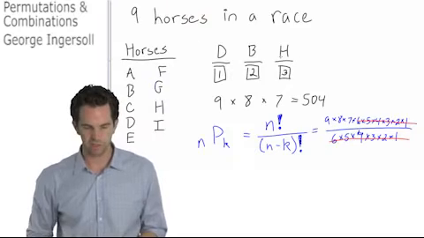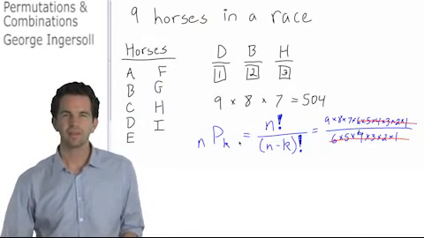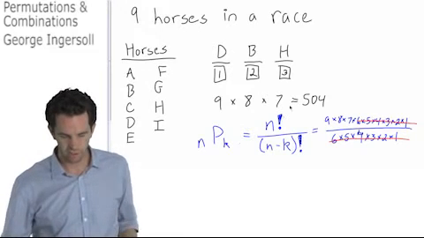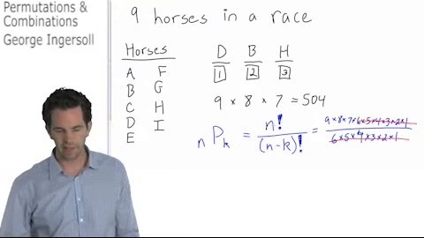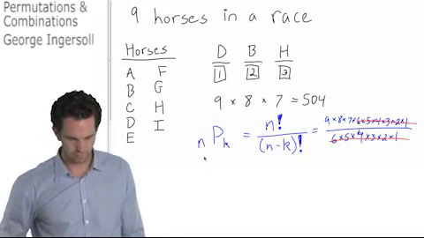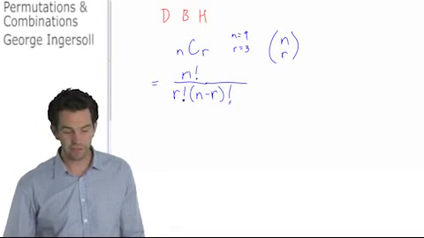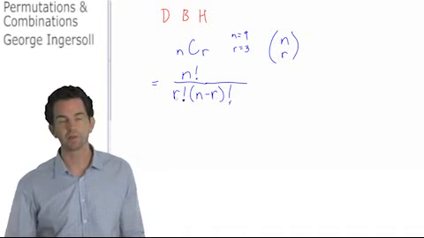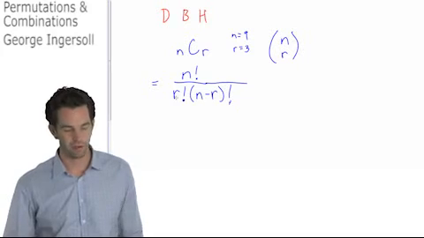So going back to permutations, K and R are basically the same thing when you're talking about permutations and combinations. Here we had n factorial over n minus k factorial. In combinations, you have basically the same thing: n factorial over n minus r factorial, but you also, in the denominator, have r factorial.